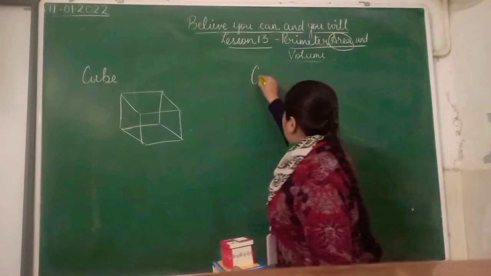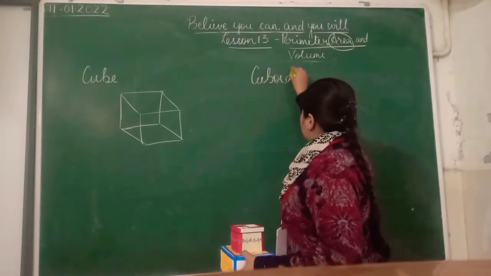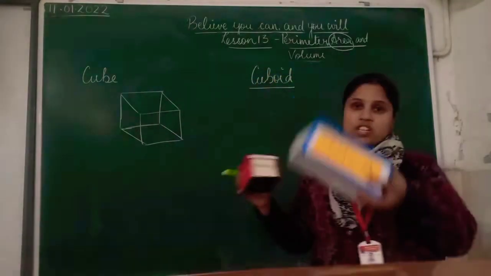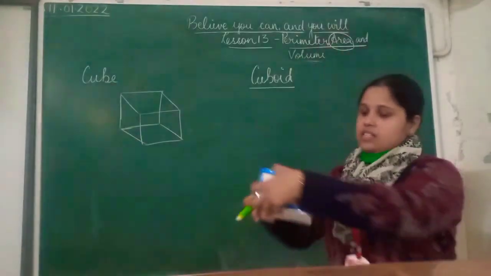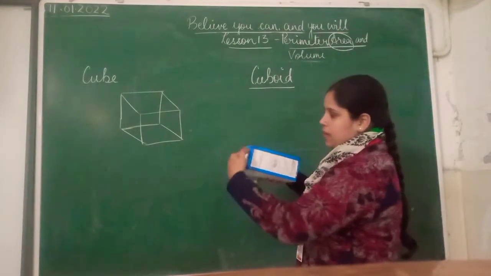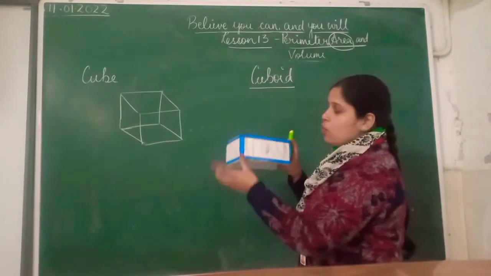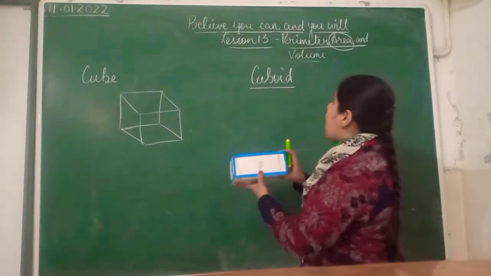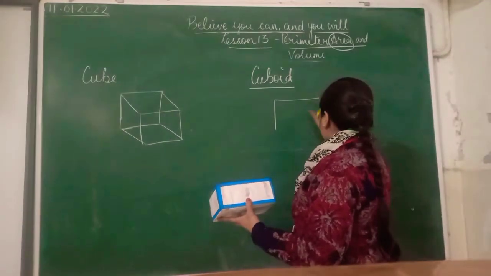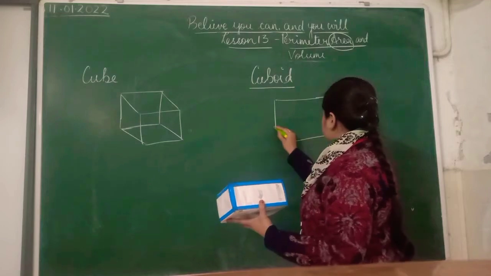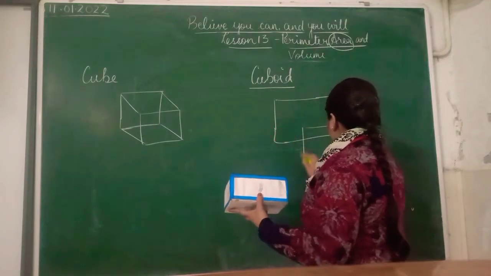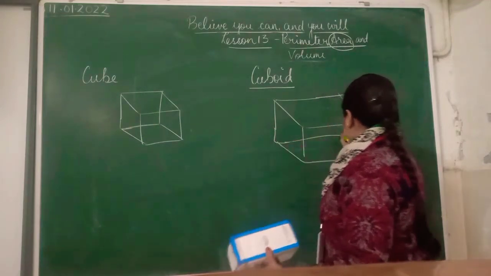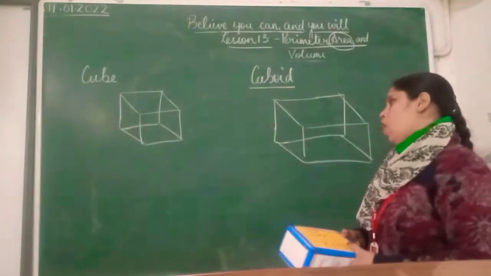And when we talk about the next figure, which is cuboid, which is rectangle from all the sides, here we have the length, the breadth and the height. Okay. Here one more thing is added, that is height. So when we talk about the cuboid, it is in some rectangular form and it is a solid object.